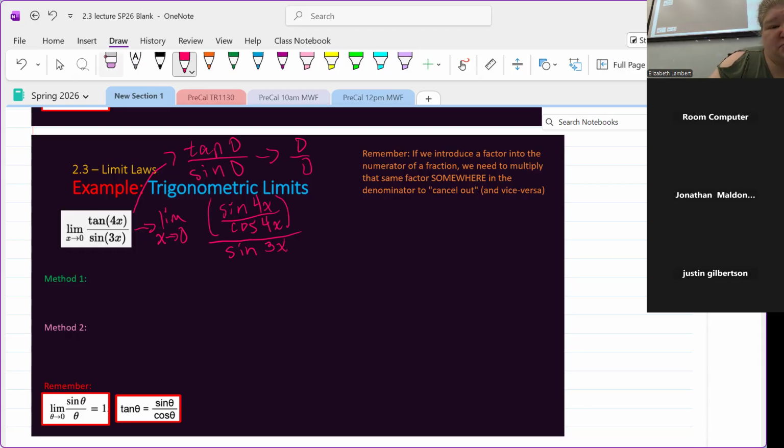Now that fraction looks like an ugly mess. So one of the first things I like to do is just slide that sine 3x over, so I'm looking at a fraction times a fraction.